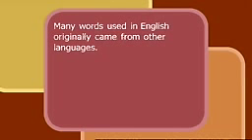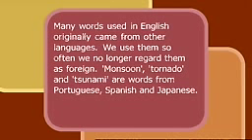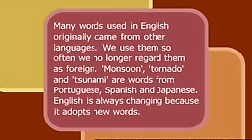My supporting sentence will add, we use them so often we no longer regard them as foreign. I can use a developing sentence to give examples. Monsoon, tornado and tsunami are words from Portuguese, Spanish and Japanese. Lastly, I might finish with another supporting sentence that reinforces the main idea in the paragraph. English is always changing because it adopts new words.